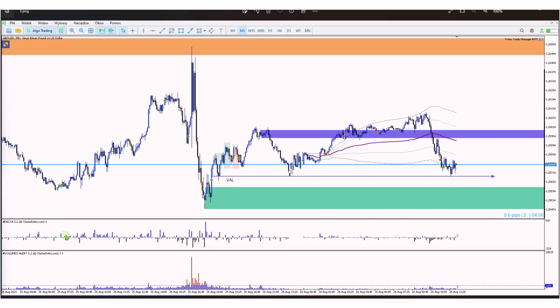Yeah, this I mark delta zones. Like here. This is not only volume demand based on over 1000 volume, but also based on the delta. Here we have highly negative delta, but price went up. So here, probably on the wick of this candle, there were buy limit orders.